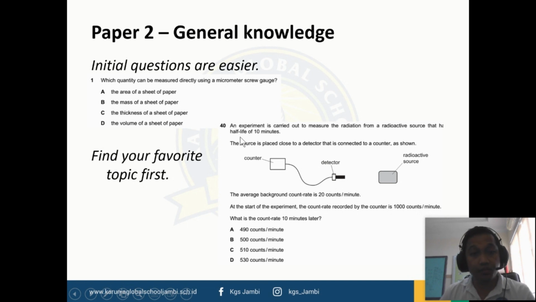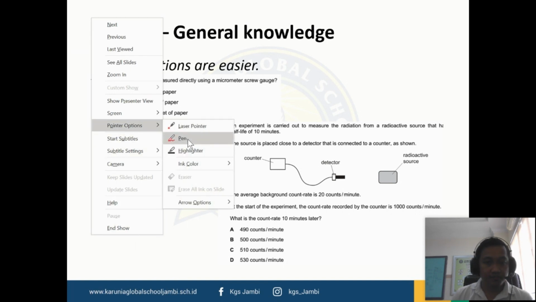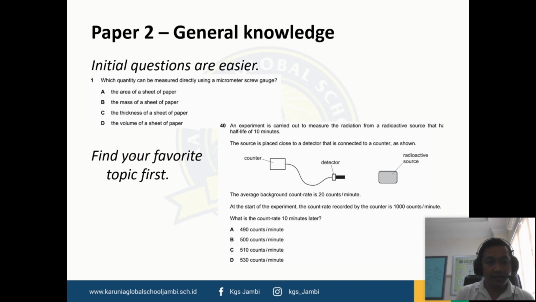Now let's go to paper 2. In paper 2, if you check the questions in general, mostly the initial questions are easier, but this is not always the case. Okay, the most important thing is this: find your favorite topic first.